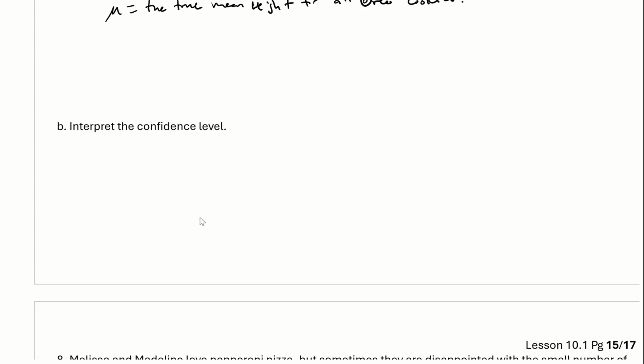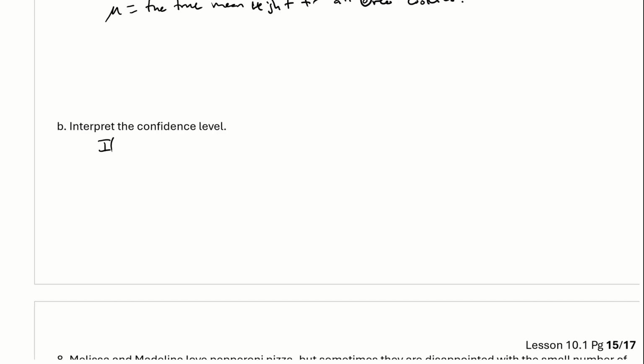It means that if we were to take many random samples of size 36 from the population of Oreo cookies, and construct a 90% confidence interval using each of the samples, then approximately 90% of those intervals would capture the true mean weight.